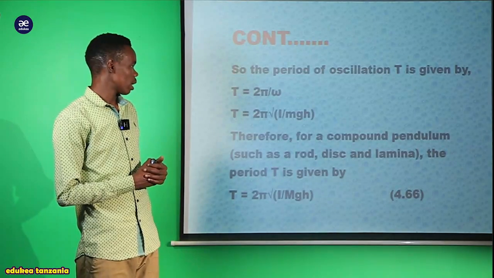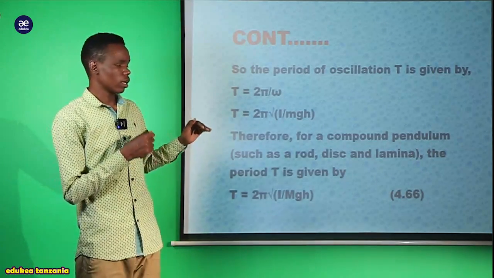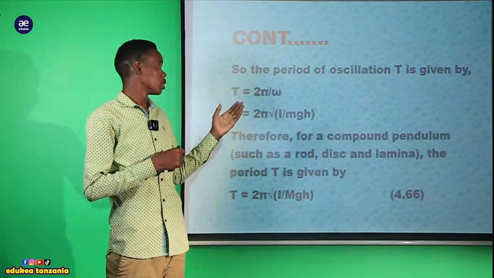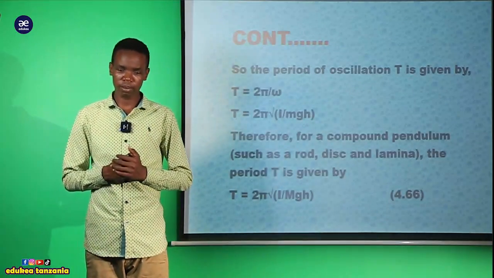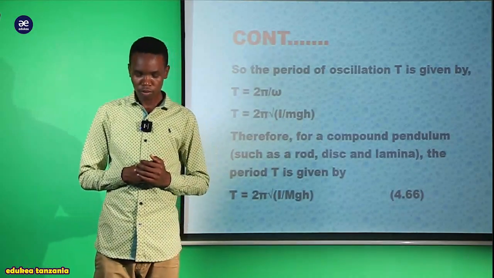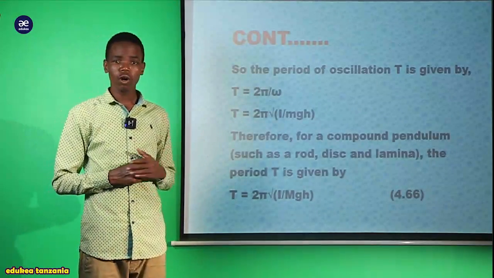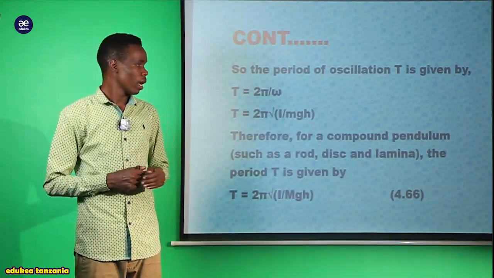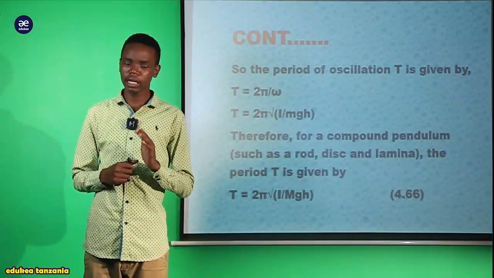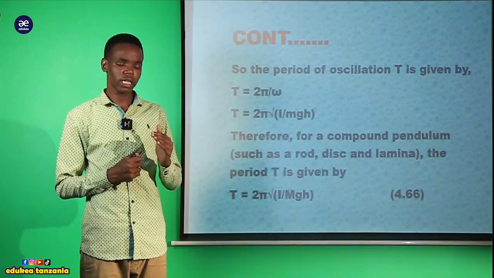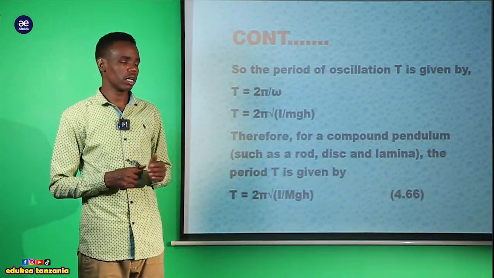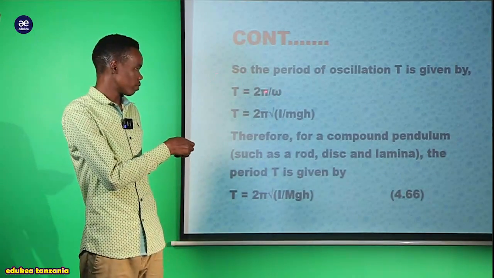Now let us recall the period of oscillation, which is represented by T. We know that this is given by taking 2 pi and dividing it by the angular velocity, as we try to observe here.